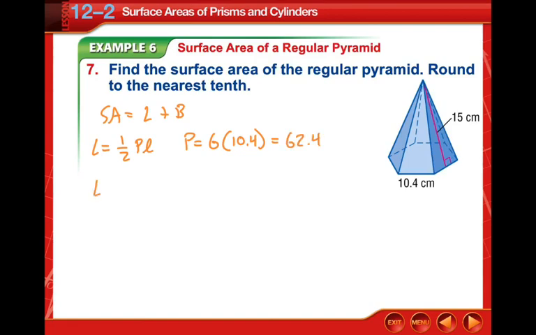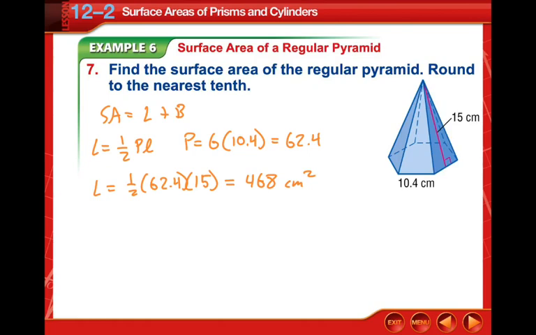So then our lateral area is 1/2 of 62.4 times our slant height of 15. It's 468.